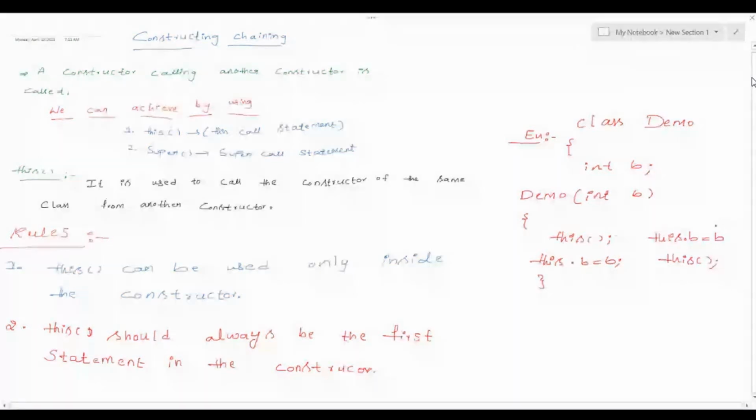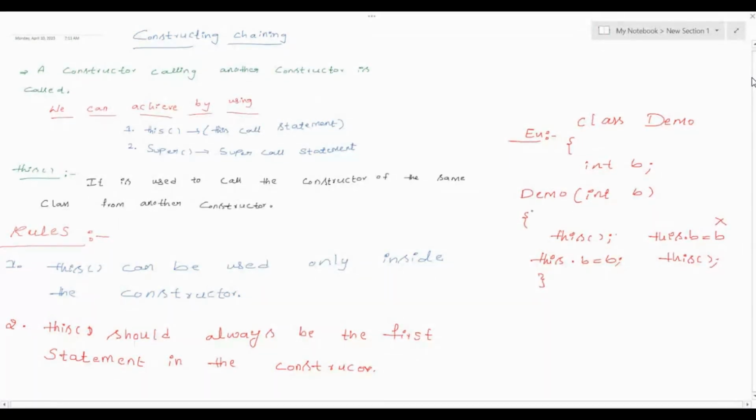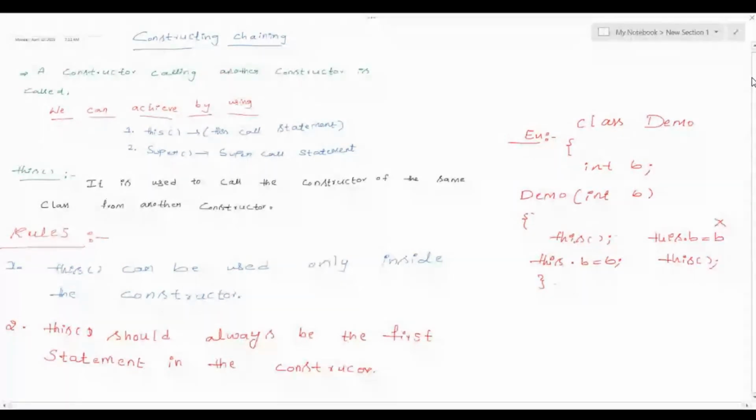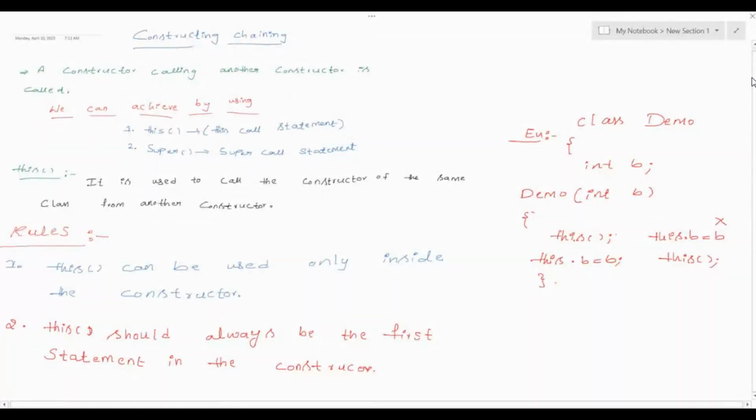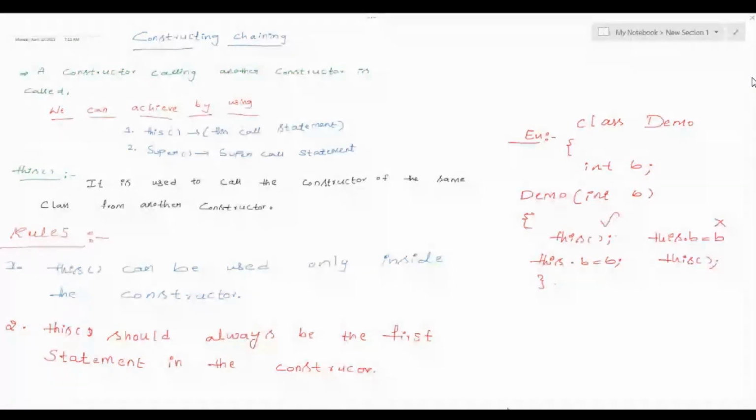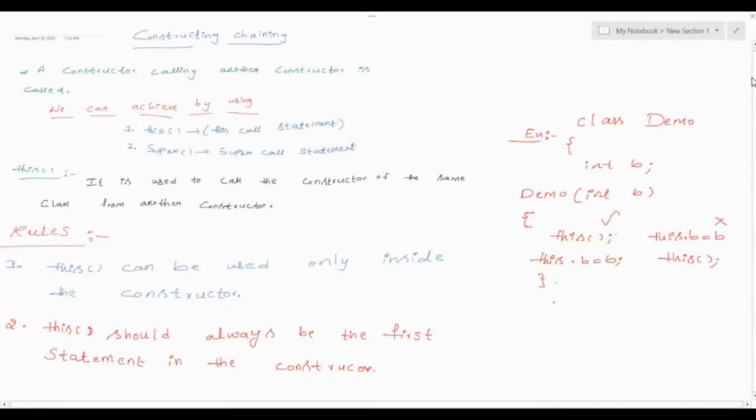So we have to write this call statement inside a constructor as it is, as the first statement. As well as it is a first statement inside a constructor, it is correct. We are following both the rules here. Clear with these two rules?